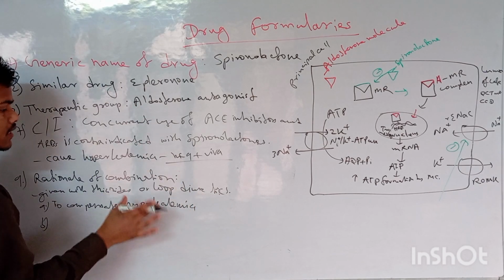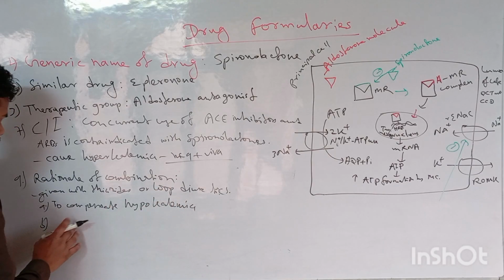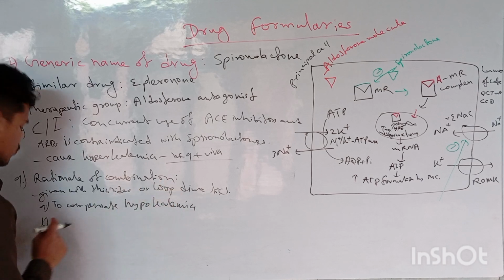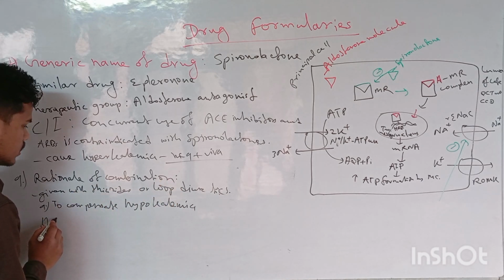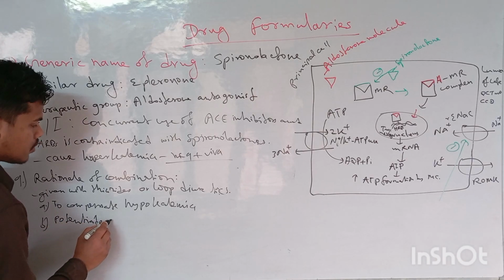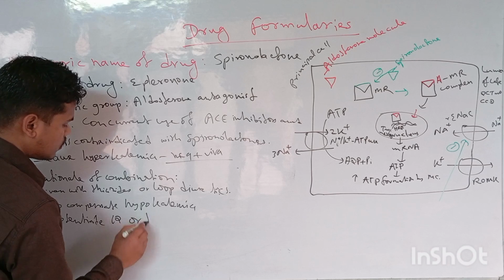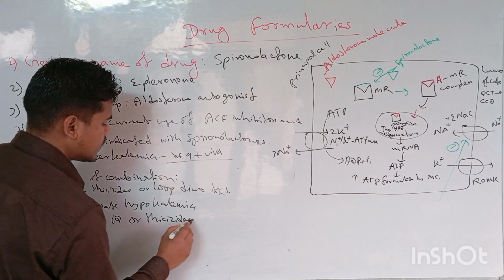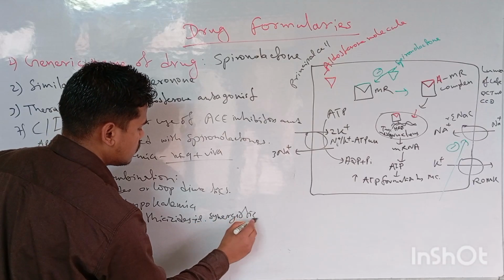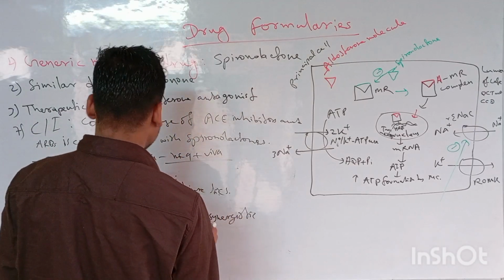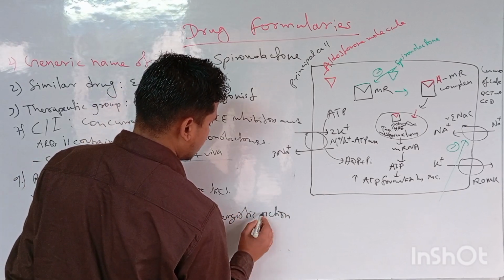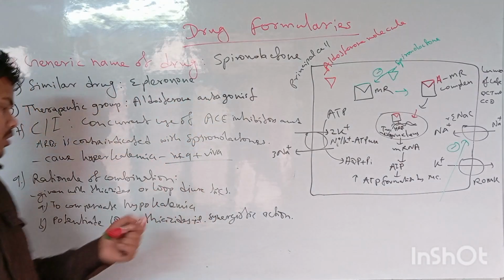I also mentioned that in resistant cases of hypertension, this drug is added to loop diuretics or thiazides. So that is a synergistic effect. For this reason, spironolactone is given along with thiazides or loop diuretics.